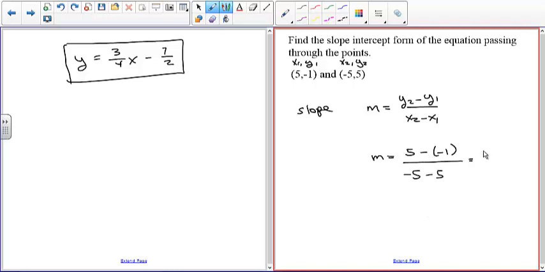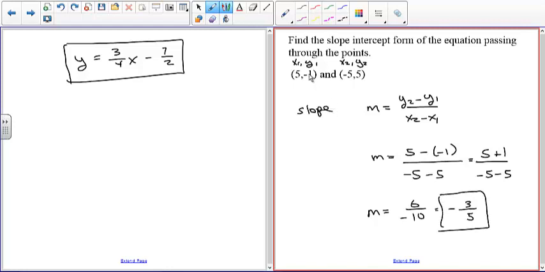So I get 5 plus 1 divided by negative 5 minus 5. Or the slope is 6 over negative 10. And we can simplify that down to put the negative in front of the fraction. 6 over 10 is 3 over 5. So that is my slope.